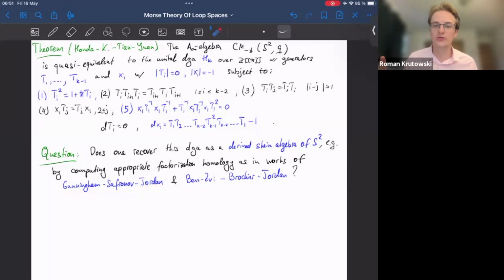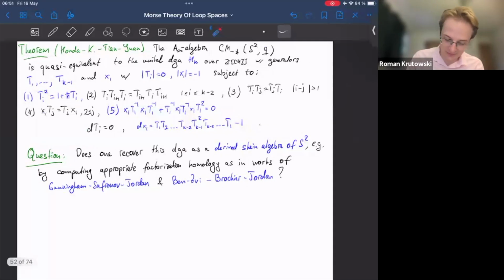We don't know, and it would be really nice if our Morse theory still coincided for all surfaces with what skein theory produces. But this is, I guess, a conjecture.